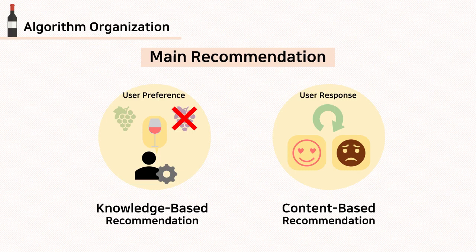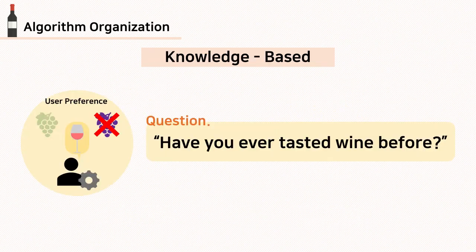Now I'm going to explain the recommendation algorithm overview. Our recommendation contains 2 kinds of recommendation: one is knowledge-based and the other is content-based. First, the knowledge-based part asks a question to the new user to save the user preference. First is, have you ever tasted wine before?